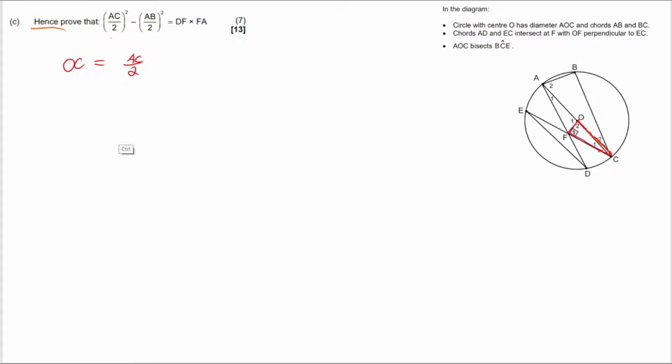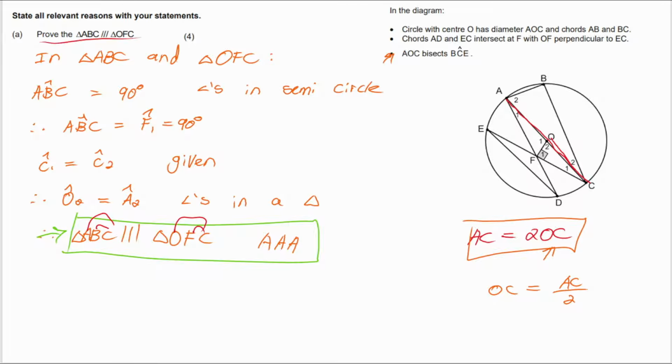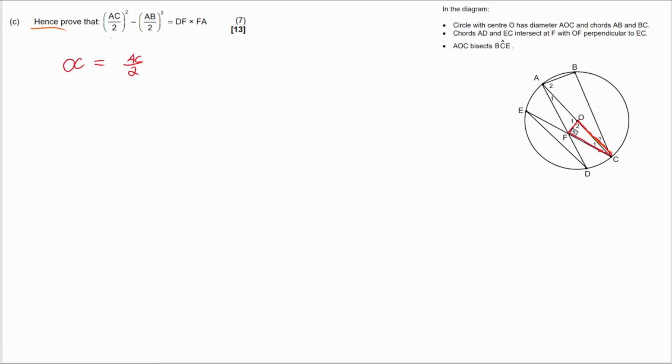Now let's think where they get AB over 2. Well, we can look over here. So here's AB. So AB must be related to OF. What we know is that AB over OF is equal to 1 over 2, right?